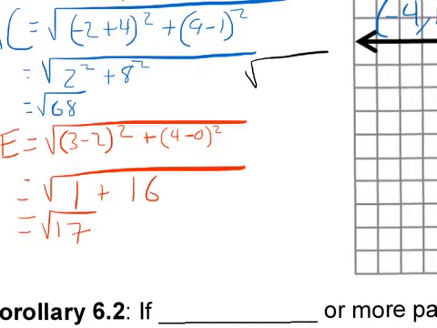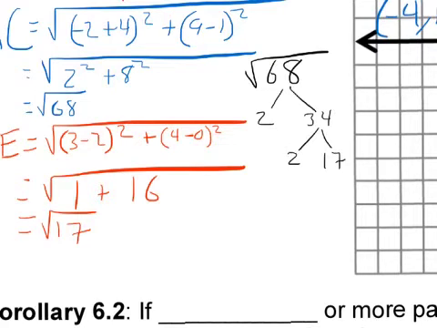Okay, so we have square root 68. Well, remember when we have square roots, we can break it down a little bit. What's a number I can pull out of 68? Well, I can pull a 2 out of 68. If I divide 68 by 2, I get 34. So 2 and 34. All right, well, I could pull another 2 out. Then I get 2 and 17.